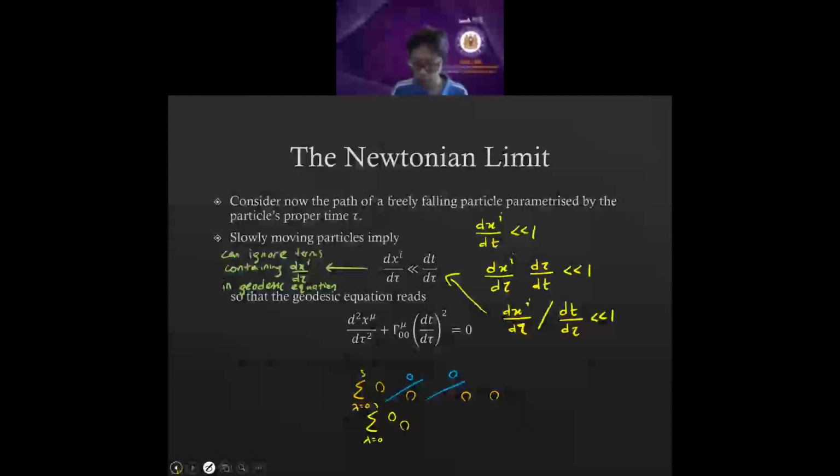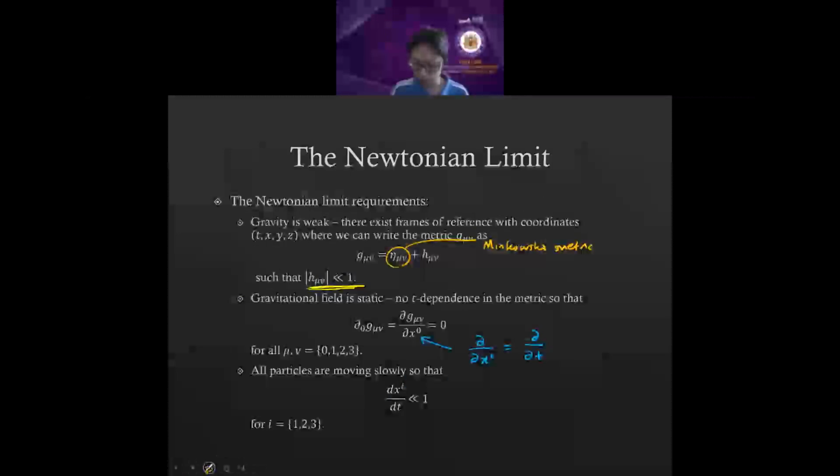Let me also recall this part so that you remember. The Minkowski metric, in our notation, is equal to the diagonal matrix with entries -1, 1, 1, 1.